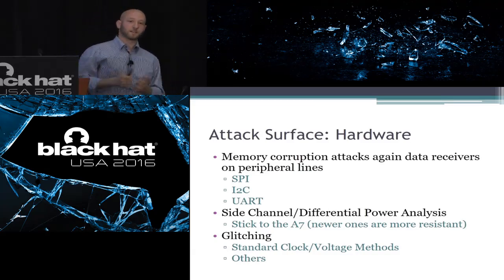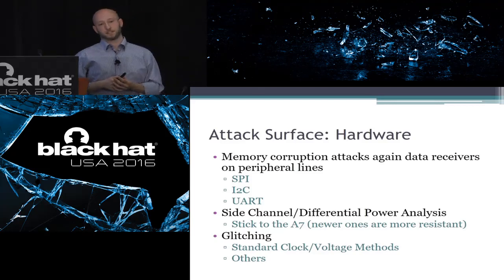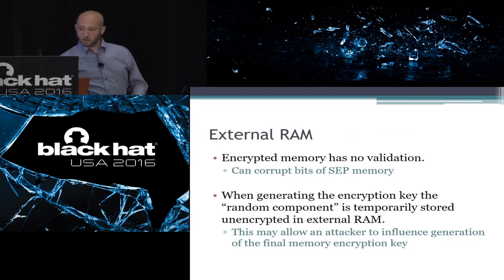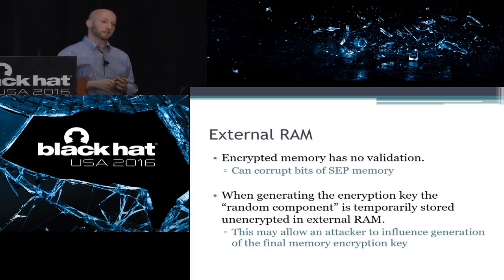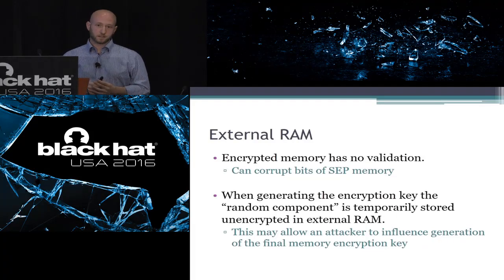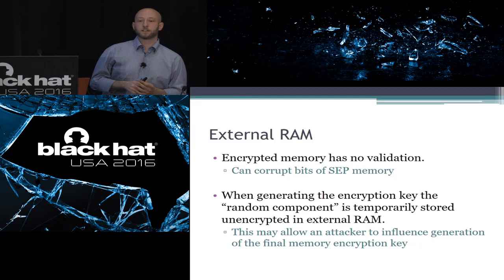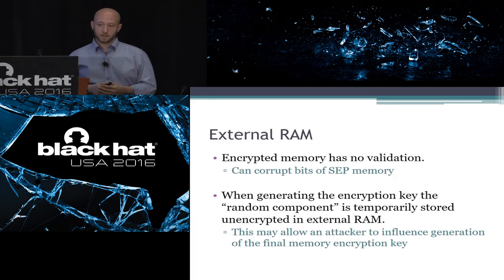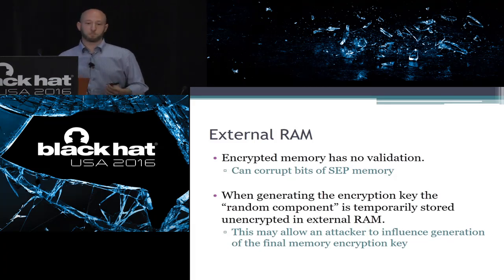And then finally, more advanced glitching attacks. Standard clock, voltage, as well as others. So we'll talk a little bit about attacking the RAM itself. While it is encrypted, the RAM is not verified. So if you do try doing different, say, physical attacks or even something like a row hammer attack, you can flip bits in RAM.